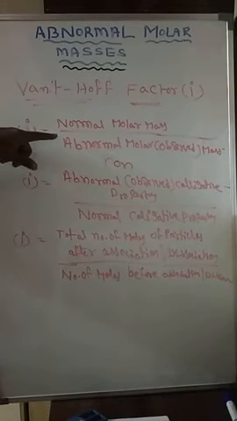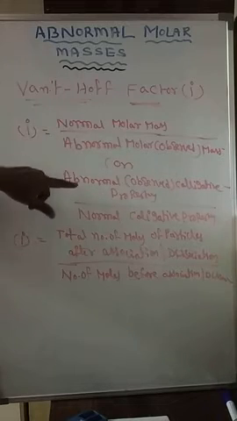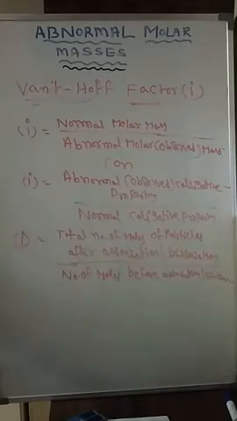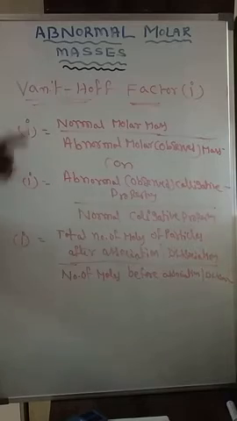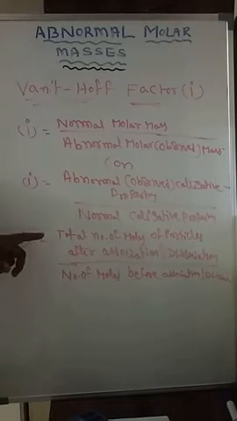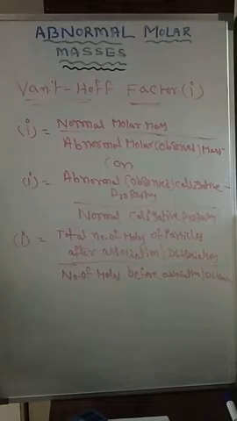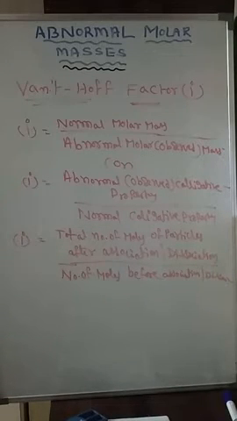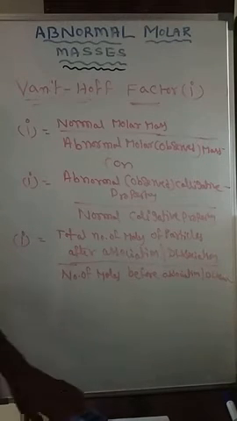That's why, in these two ratios, the normal molar mass is in the numerator in one, and the normal colligative property is in the denominator in the other. So molar masses and colligative properties are inversely proportional. In terms of moles, it is the total number of moles of particles after association or dissociation to the number of moles before association or dissociation. This is the definition of the Van 't Hoff factor i.